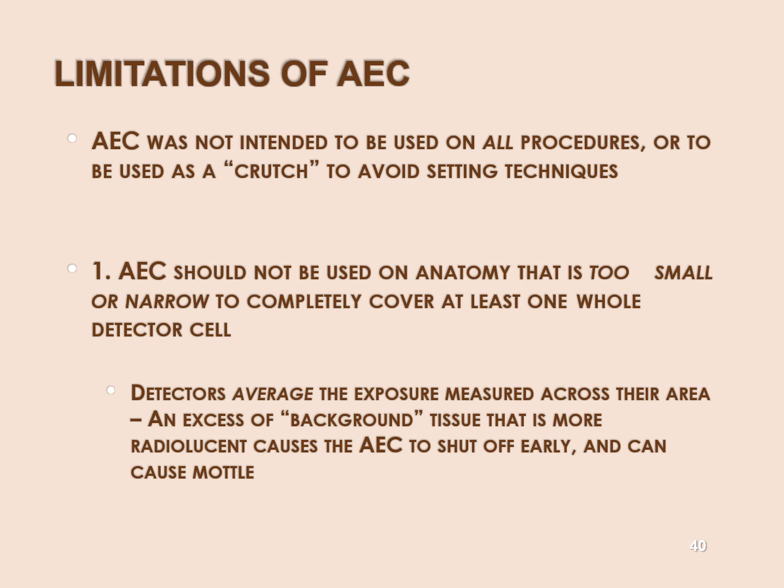So if raw primary radiation is reaching the ion chamber because you're not covering the entire ion chamber with a body part like a finger, the primary radiation is going to build ions very rapidly. Charge is going to build very rapidly, and exposure is going to terminate prematurely. So prematurely that you'll probably cause mottle, which is a new one for a finger. So don't use AECs for any body parts that are smaller than the AEC chamber itself.